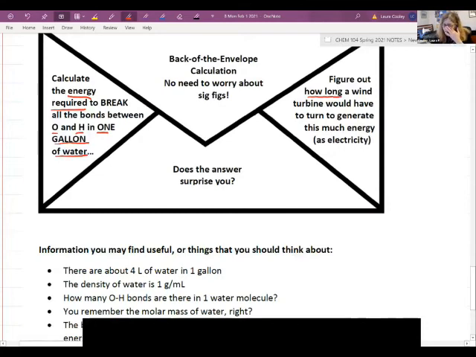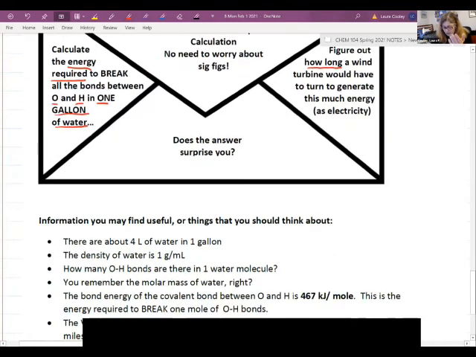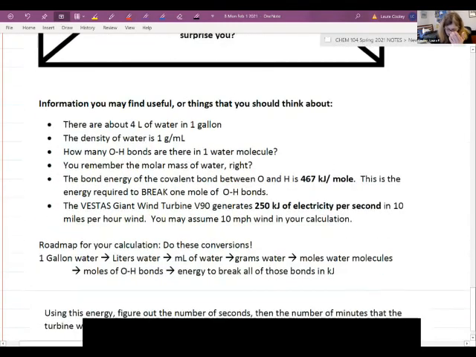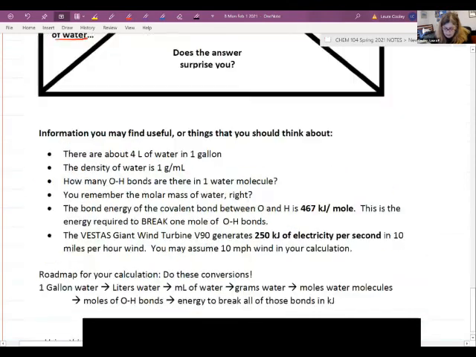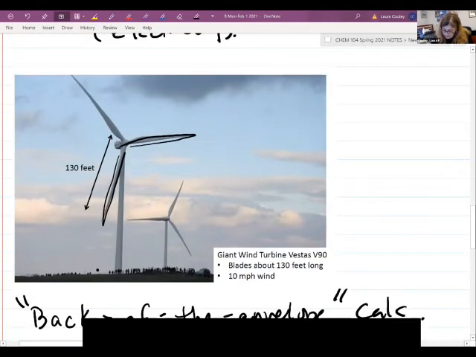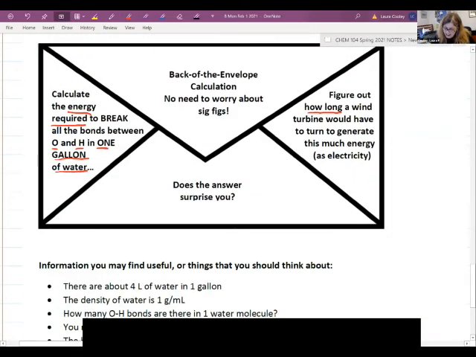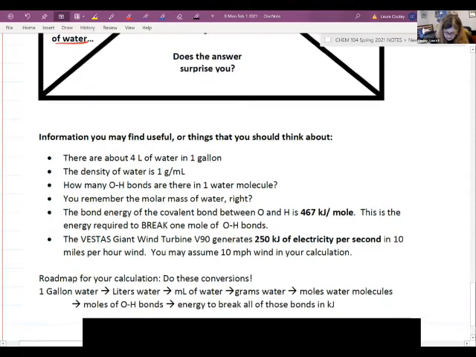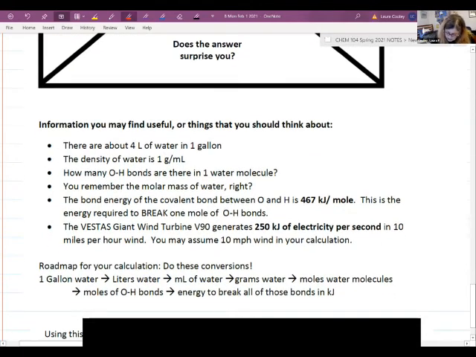I looked up information on a particular wind turbine, the giant Vestas V90. This giant wind turbine generates 250 kilojoules of electricity per second if the wind is 10 miles per hour. That's what I assume in this calculation.